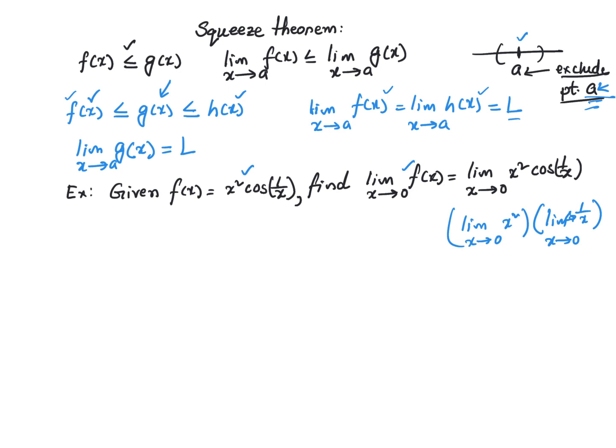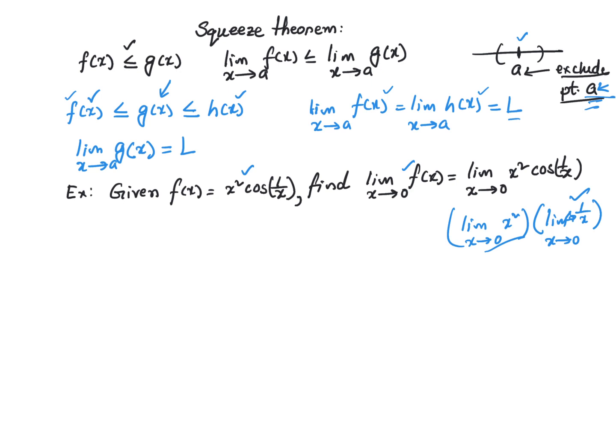Now, this is not taking us anywhere. The limit of cosine of 1 over x, we don't know what it is, and the other goes to 0. So this is not a good situation to deal with.